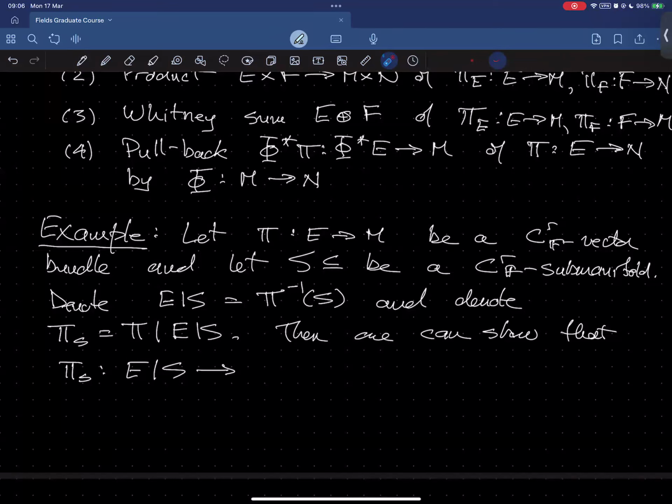It's going to take points in E which map to S under the projection. Therefore it's going to be M valued, but it's going to take its values in S. So this is really a mapping over S. Is a C^r vector bundle.